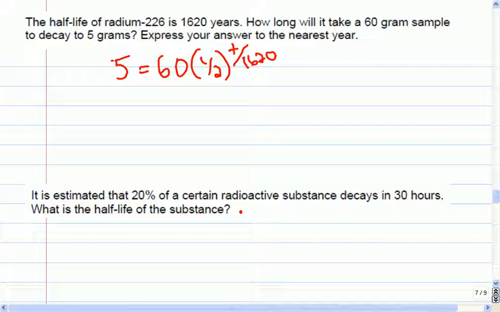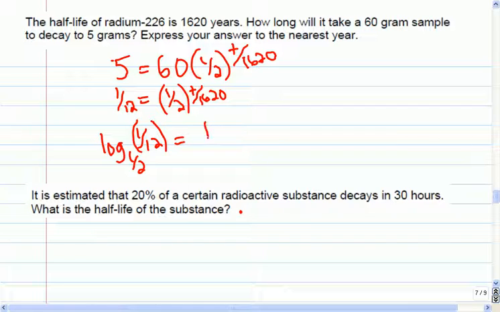So I'll get, let's see, 1 over 12 equals 1/2 to the time over 1620. And got to rewrite it as a log. So this is the log in base 1/2 of 1/12 equals time over 1620.